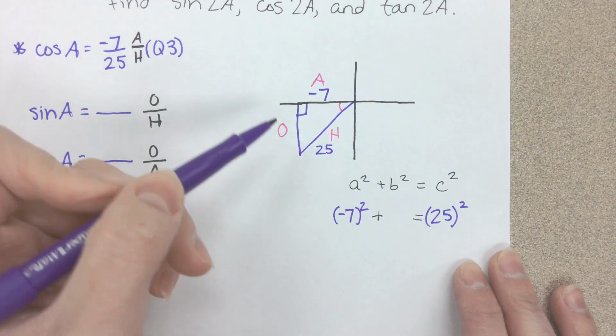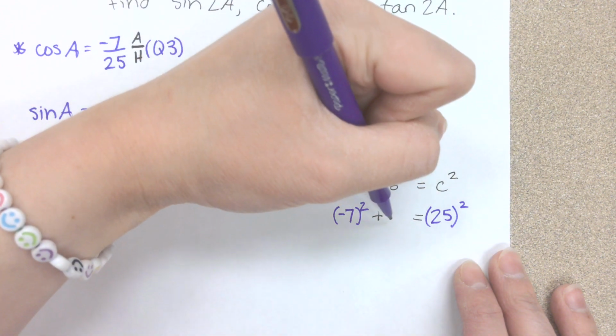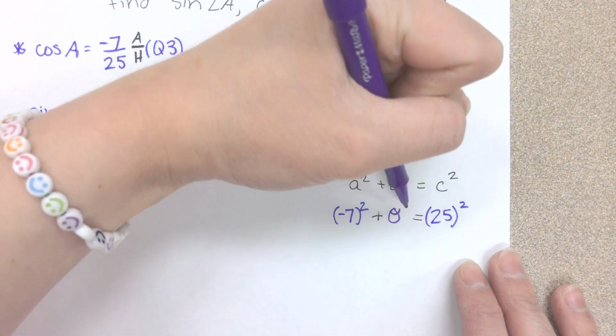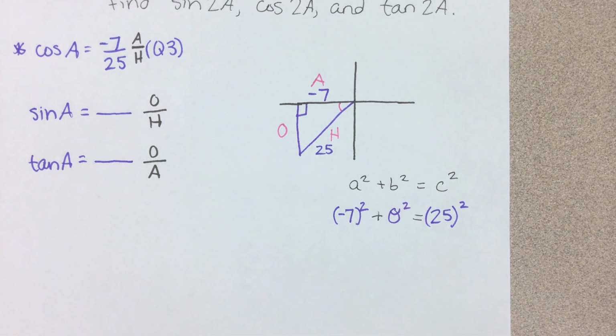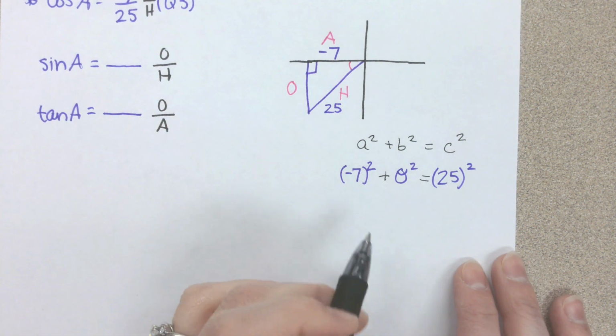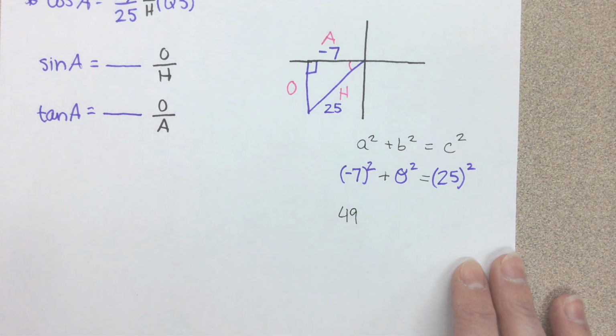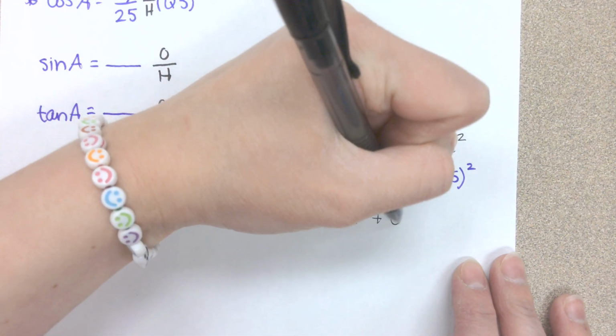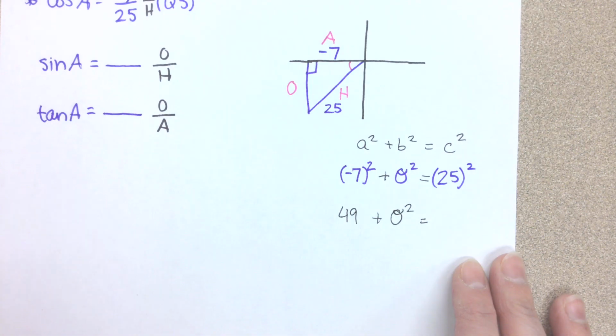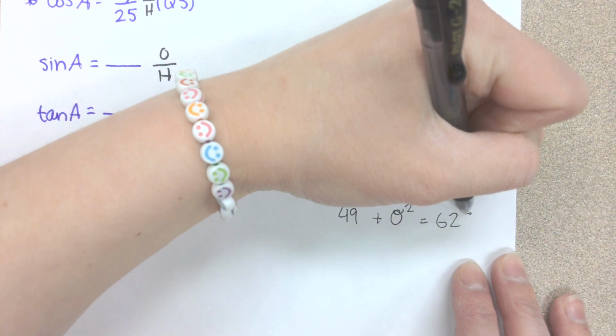Plus, and then O will be my B. I'm going to put a little curl on it just so we don't mistake it for a 0. That's just my personal preference. You also could have just done B squared. Choice is yours. All right, couple steps here. -7 squared, that is 49, positive 49. Plus O squared equals 625.